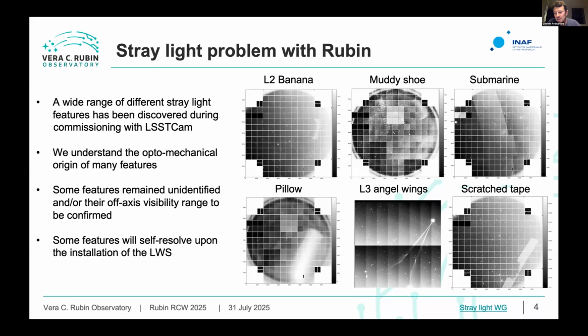That's also a precondition to be able to test and verify a baffle concept before deploying it, especially for what concerns the camera, because if we make the effort to redesign and revisit some of the hardware, I want to be sure it is an effective solution that doesn't leave any corner for residual stray light.